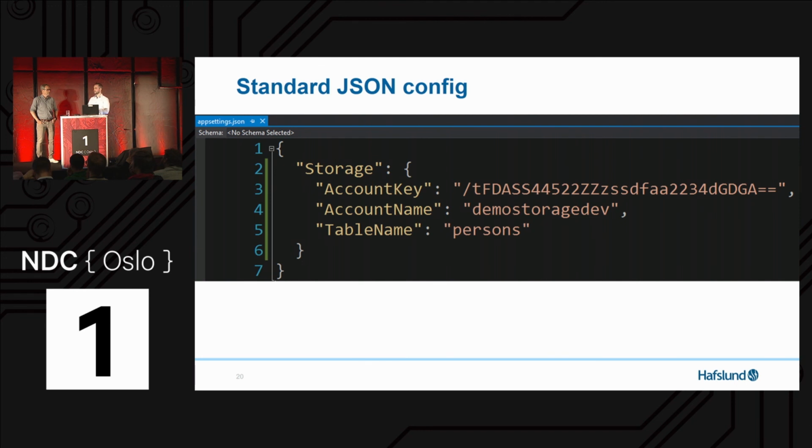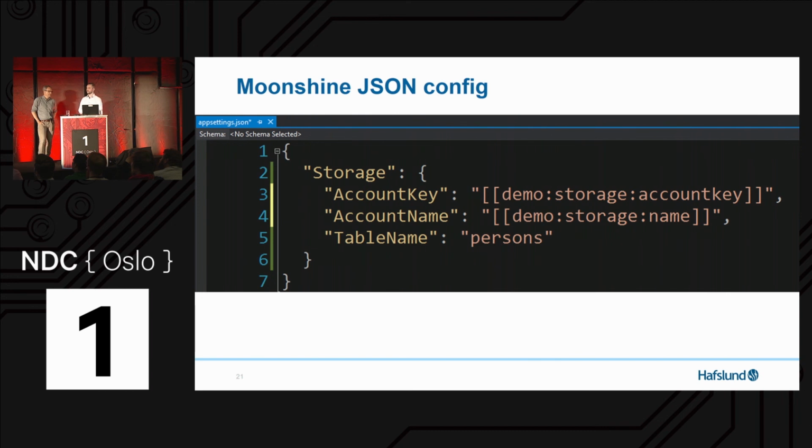But we don't want to do it, because if someone gets our code, then we're in bad weather. So what we do in Moonshine, or through Moonshine, is to refer to it in this way, with the Moonshine annotation language. And when we refer to it this way, Moonshine will resolve our application secrets on the fly when we start the application.